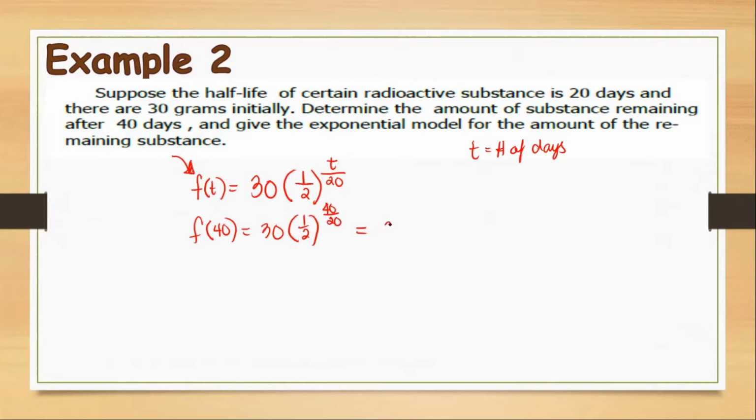So 40 divided by 20, that is 2. So (1/2)^2 is 1/2 times 1/2. The answer is 1/4. Or that will be 30 over 4. So 30 times 1/4, that is 30 over 4, or that is equal to 7.5.